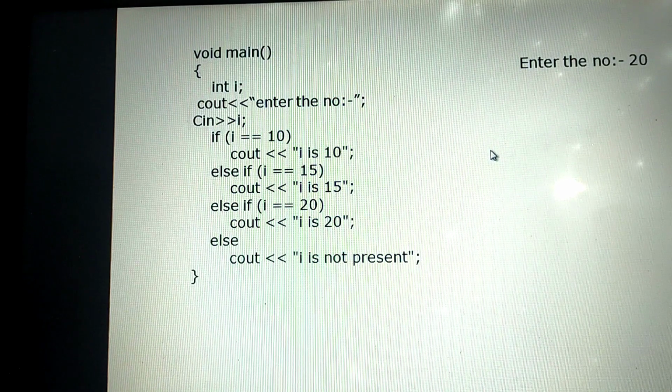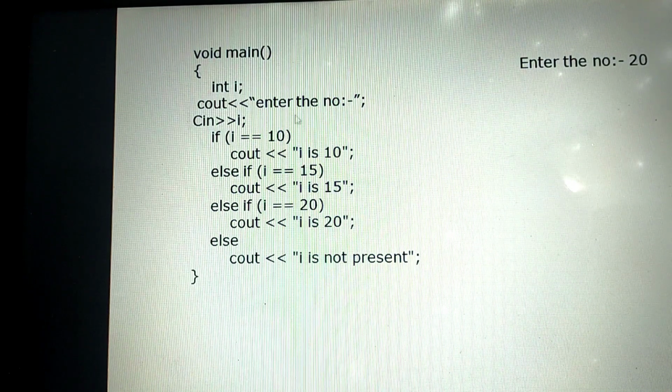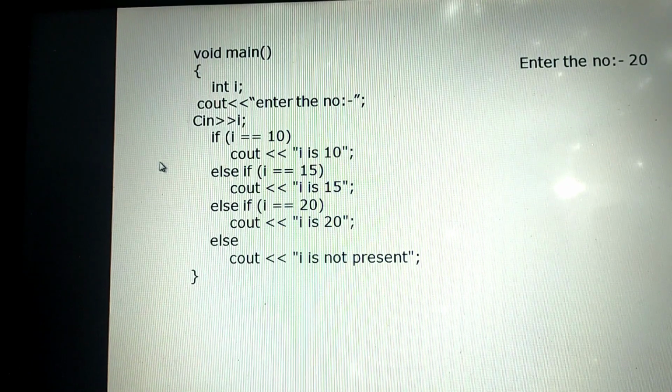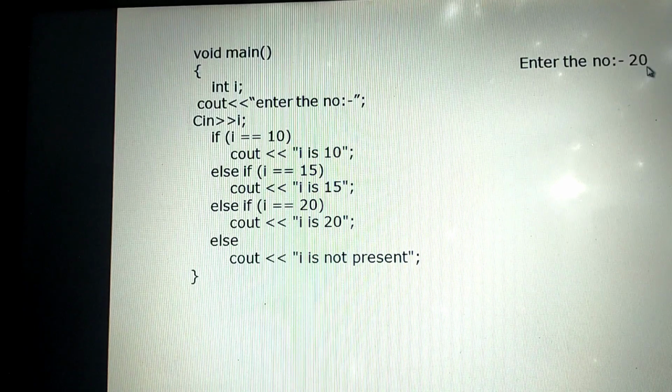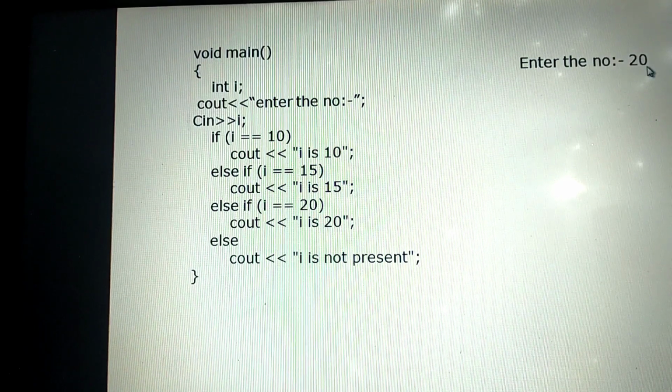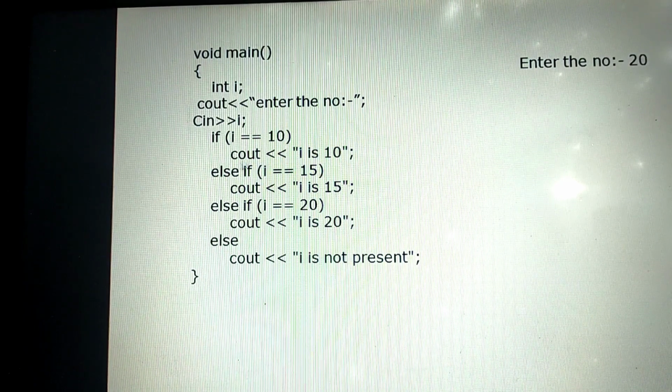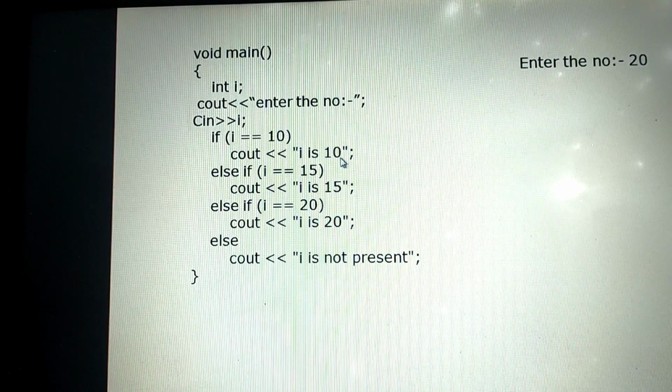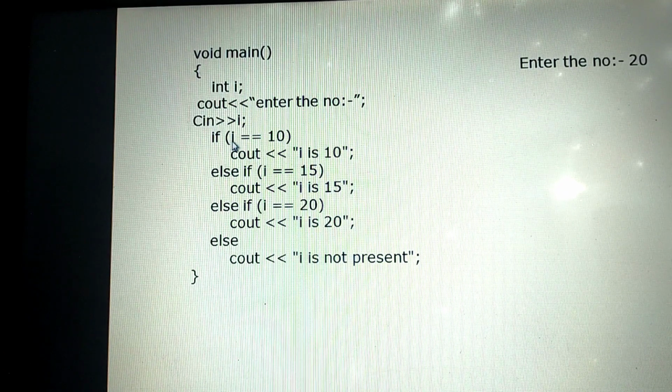We'll check how it works. See, now we have given the value 20. First, the if checks whether the given value of i is equal to 10. No, 20 is not equal to 10, so it will skip the statement which follows the first if. Next we check the second if statement: whether the value of i is equal to 50.